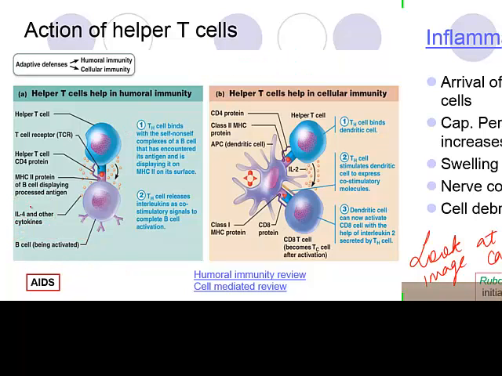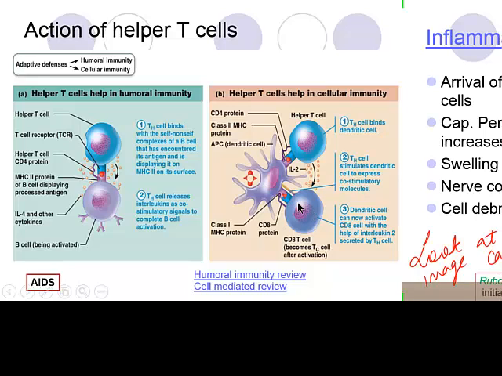Let's see what happens in cellular immunity. So here is a dendritic cell and the helper T cell attached to it, like we saw in the previous picture. This dendritic cell again has this antigen, and a T lymphocyte is also attached to it. But this T lymphocyte becomes activated because this helper T cell again liberates those co-stimulatory molecules, which are interleukins and so on.